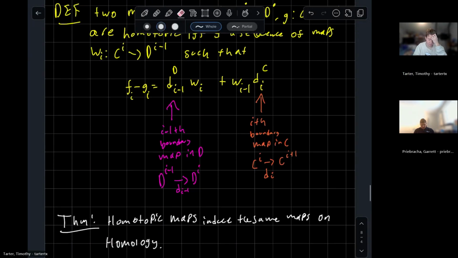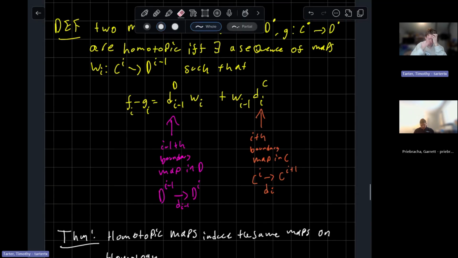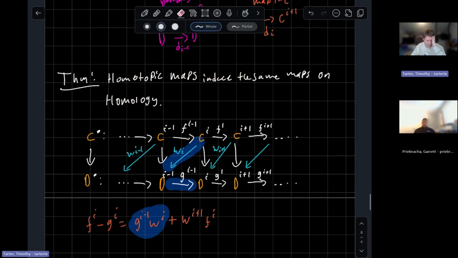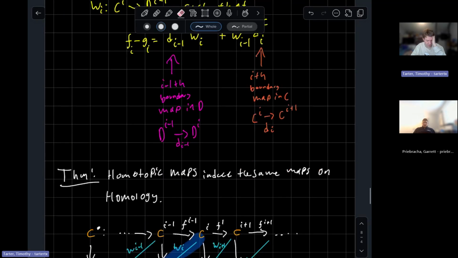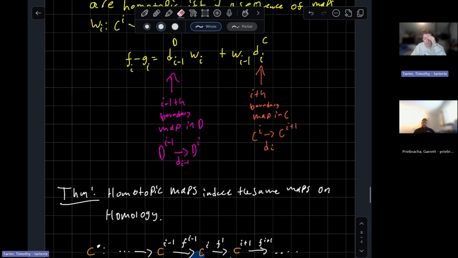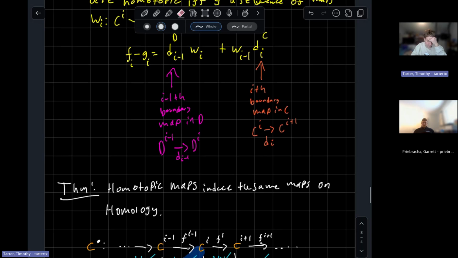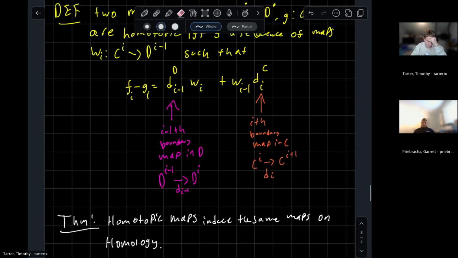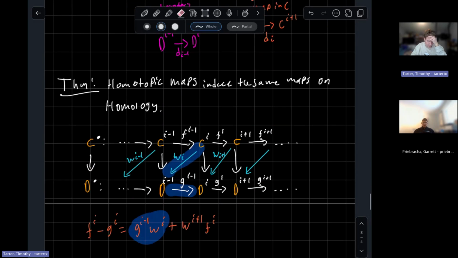Or this whole thing has been written backwards. Wait, hold on. The di minus 1, gi minus 1, wi, and then the wi minus 1 and c.